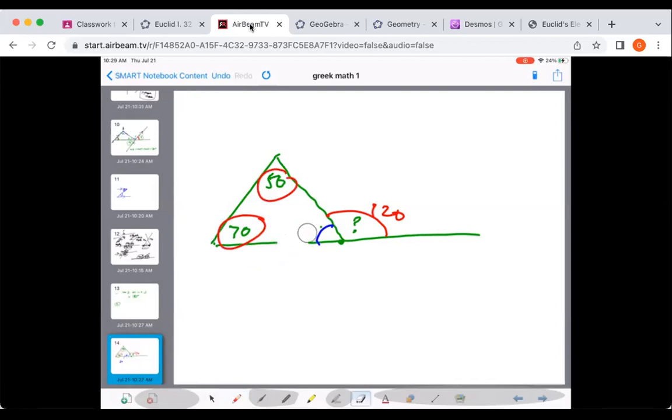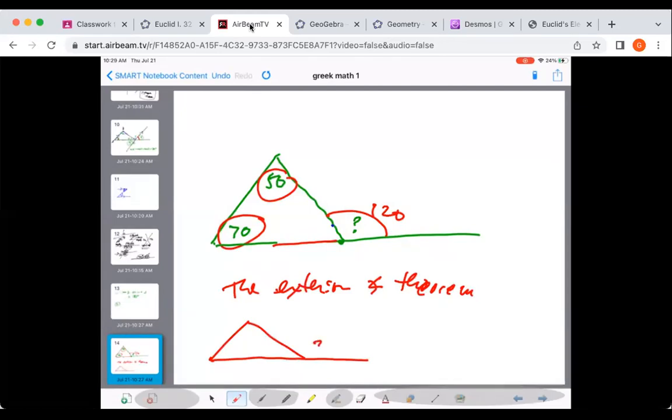And with that, we get a very important theorem, which is called the exterior angle theorem. It says that if you have a triangle, angle 3, 1, and 2, the measure of angle 3 will be the sum of measure of angle 1 plus measure of angle 2.